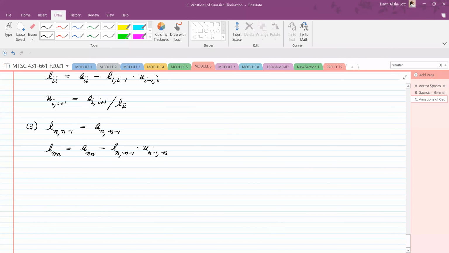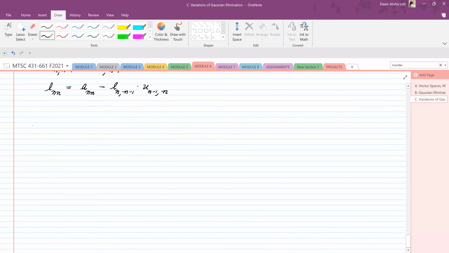After you do that, then you only have to solve a very simple algorithm to solve for Ax equals b. So say you have Ax equals b, and A is tridiagonal. Then we take LUx is equal to b, and then you solve Ly is equal to b, where Ux is equal to y.